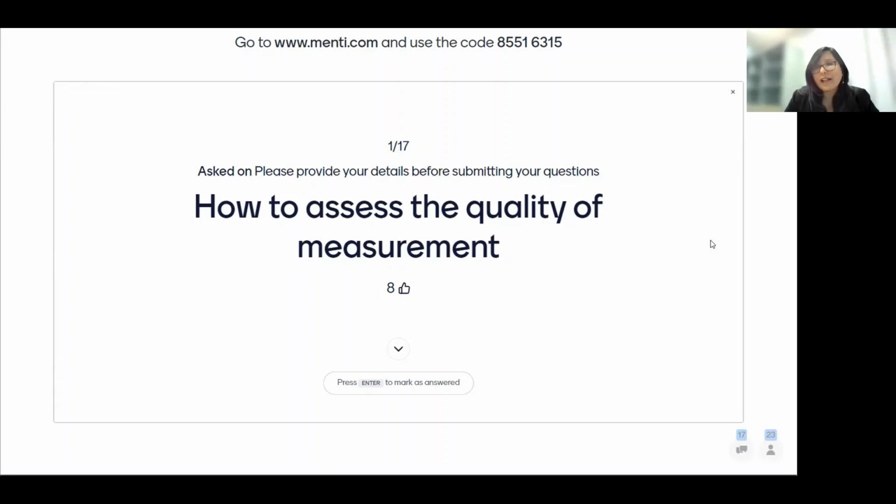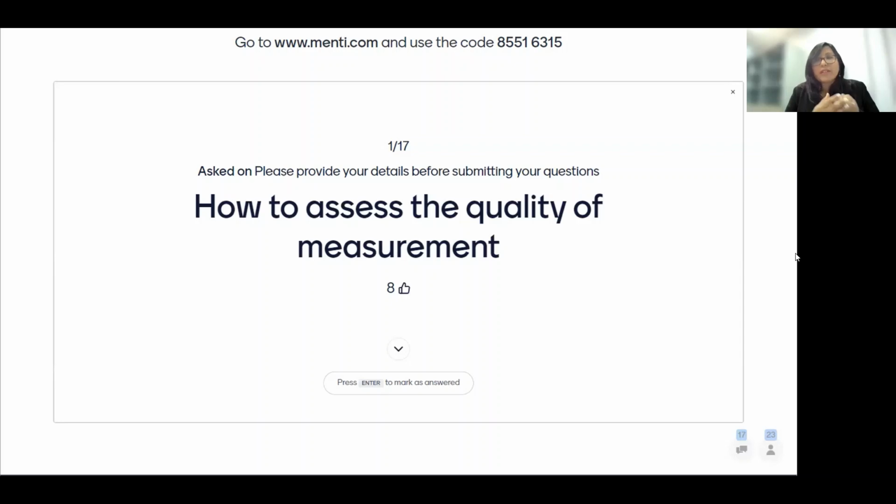In this slide I didn't mention anything about how to assess or how to validate. I will use the word validation more, but it's important to see some characteristics. When I talk about the quality of measurement, what are its characteristics? When I say a measurement has good quality, at least we should consider three characteristics.